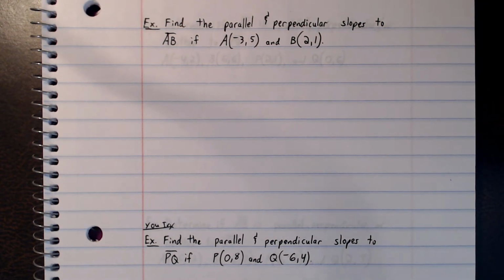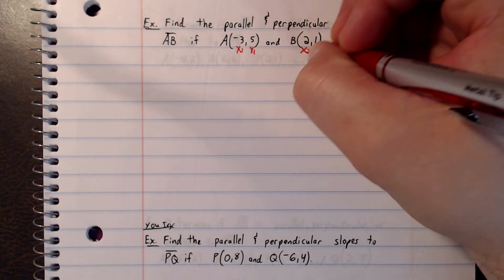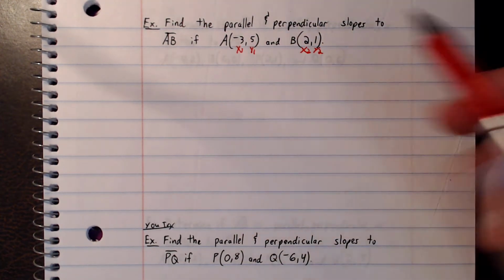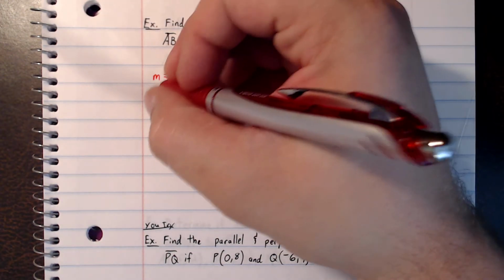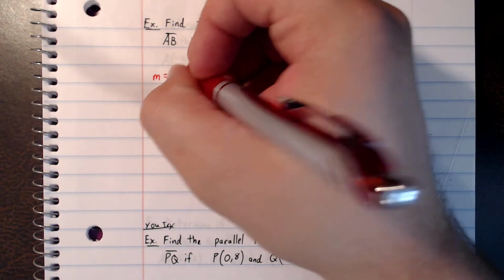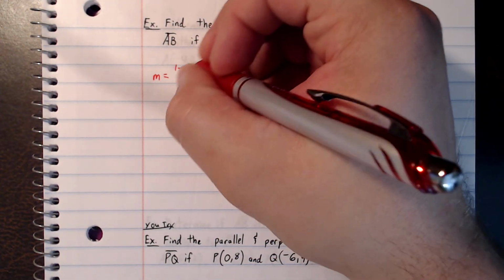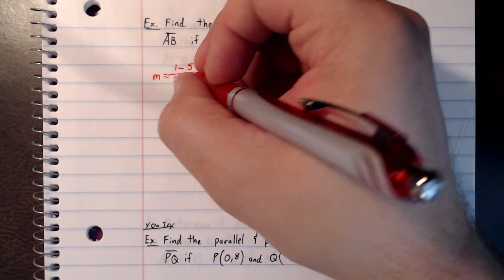So we get one pretty quick, the other one a little bit of extra work. Anyways, take a second and label them out if you need to. We'll find our slope of AB. So we want y2 minus y1 over x2 minus x1.